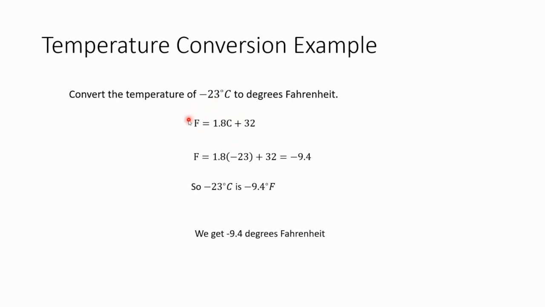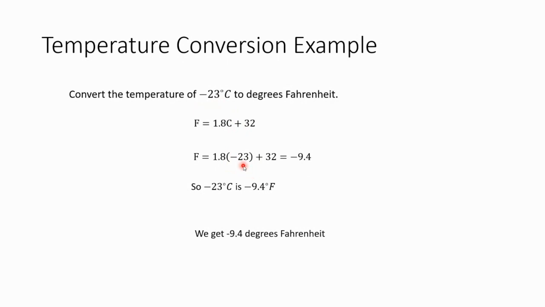What we want to do is take the negative 23 degrees Celsius and plug it in for C. That's what I just did. Then we multiply by 1.8 and add 32. And again, you could do this in your calculator. I didn't do this in my head.